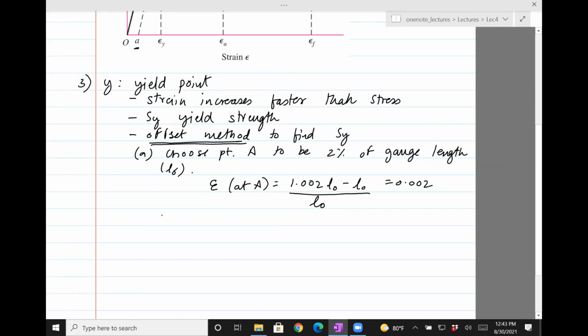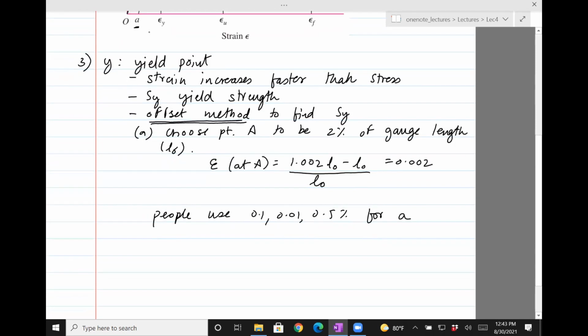Okay, so other ways. People also use 0.1, 0.01, and 0.5% for A.